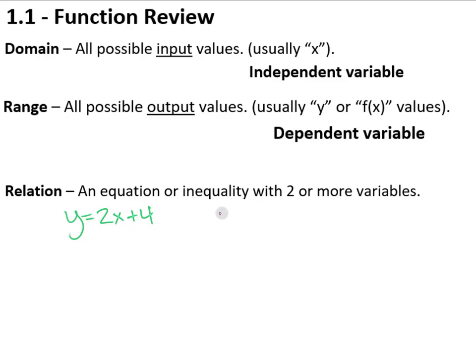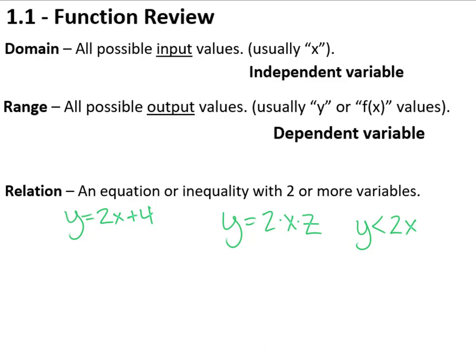It could be something a little more complex, where we have multiple variables, y equals 2 times x times z, etc., where we have more than one variable, but there is a relation defined between x, z, and y, that y is equal to double the x and z multiplied together. So a relation has to be an equation. It could also be an inequality, like y is always less than 2x, etc. Okay, so this would be a relation.